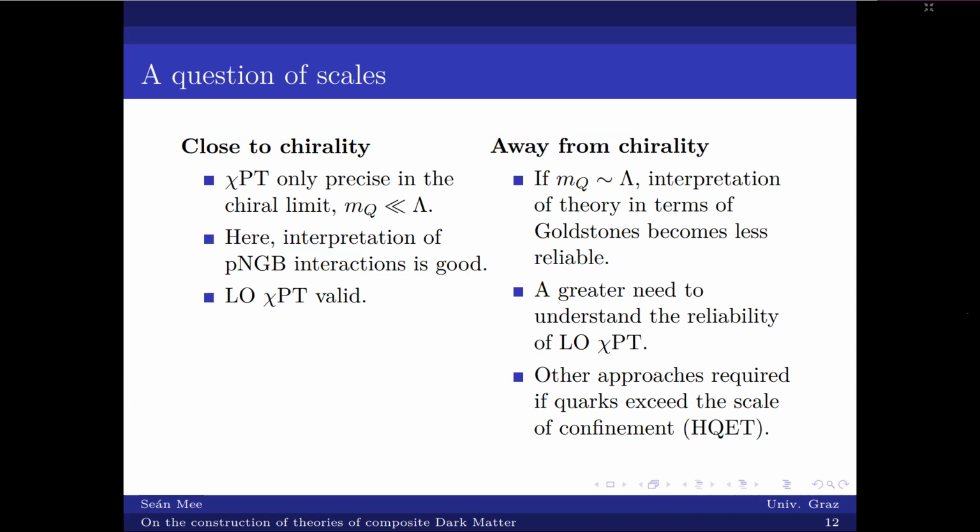And here it makes sense to consider leading order chiral perturbation theory. But one thing we want to make clear is that, well, if we stray a little further away from chirality, then this interpretation becomes less reliable. And we need to have some way of understanding exactly how reliable it is. So this is something we're thinking about as well. I'll point out some of the ways that it fails later on.